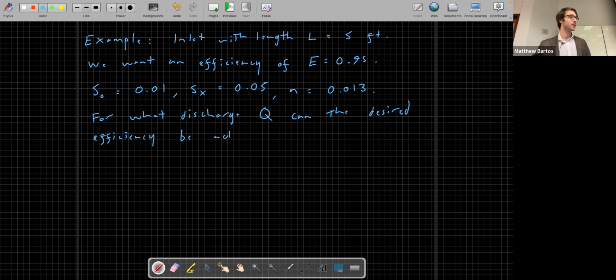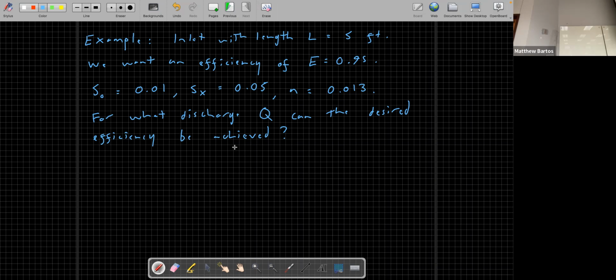I want you to think about those two equations I gave you previously and figure out for what discharge Q an efficiency of 95% can be achieved for this inlet. I'll give you about 5 or 10 minutes to work on that, and I will come around and answer any questions you have.